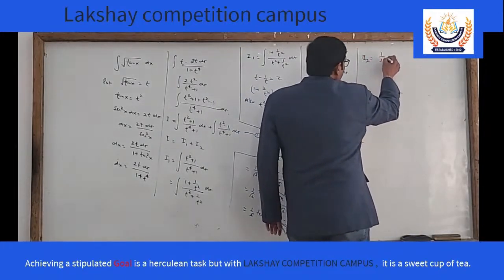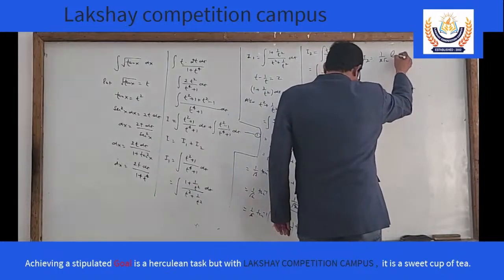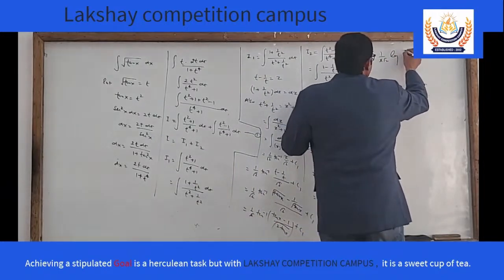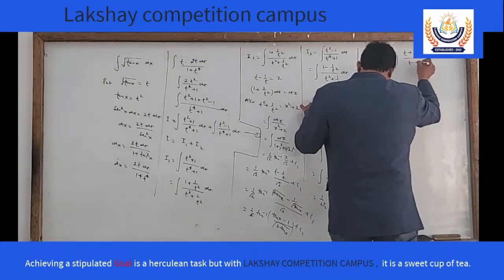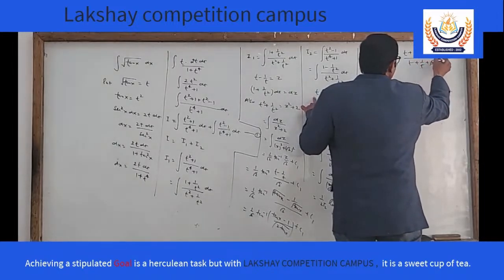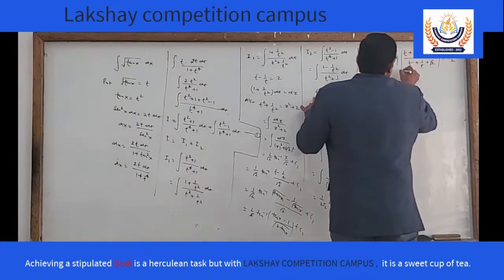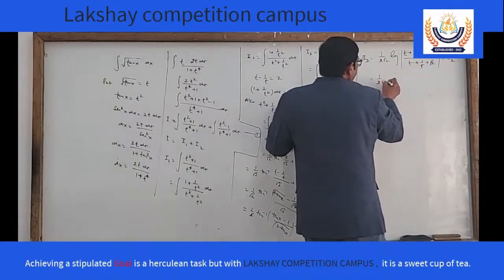So 1 by 2 root 2 log of (t plus 1 by t minus root 2) upon (t plus 1 by t plus root 2) plus c2. What is t here?